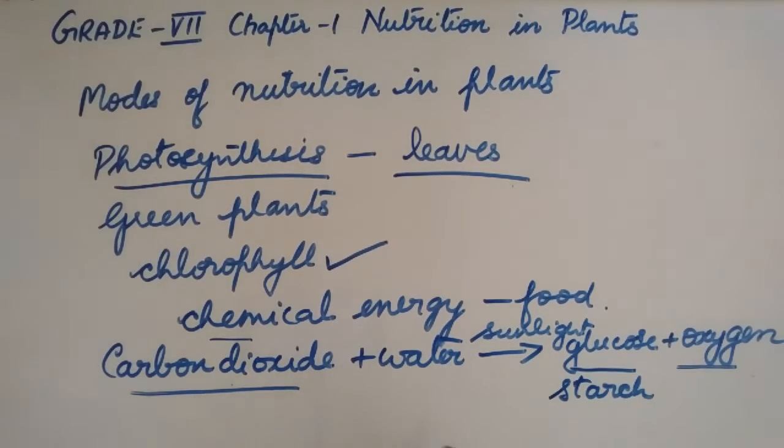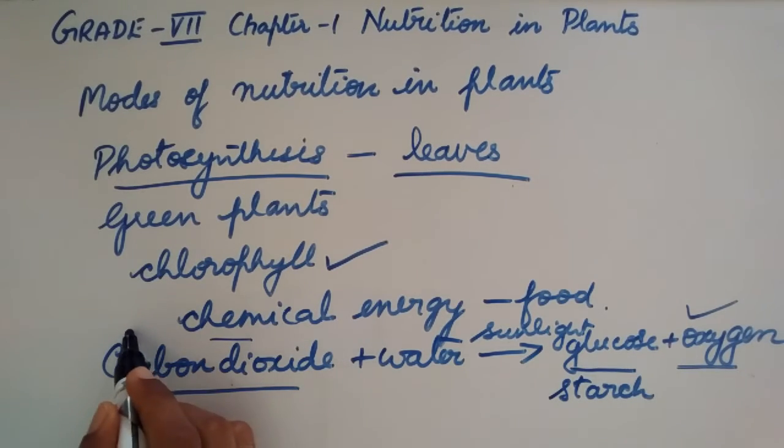The food prepared by the green plants is used by all the living organisms. The process of photosynthesis helps in maintaining the balance between oxygen and carbon dioxide. So plants are very important for maintaining life.